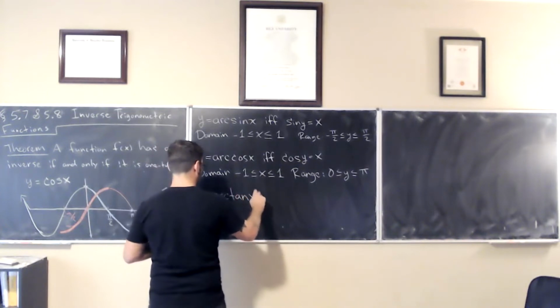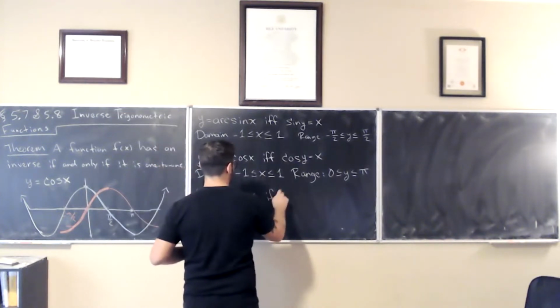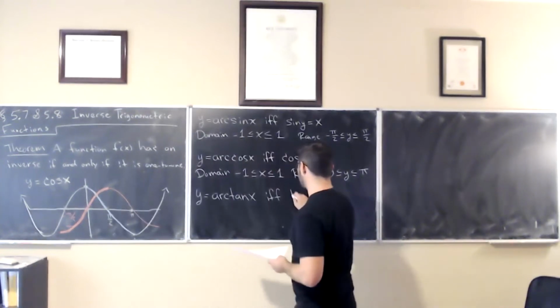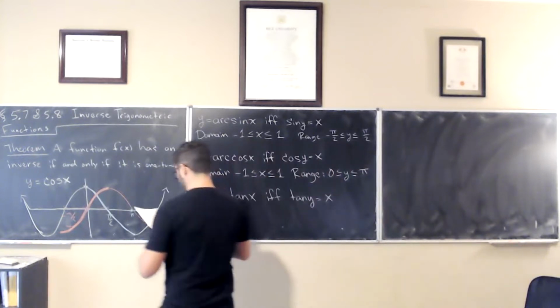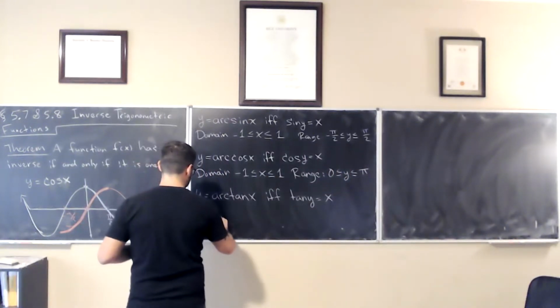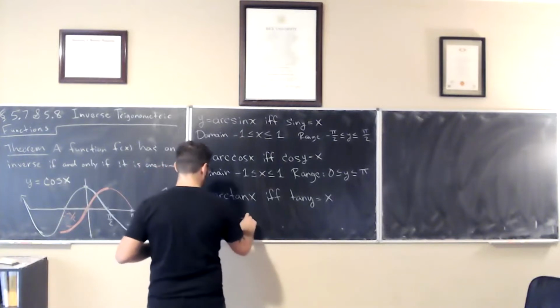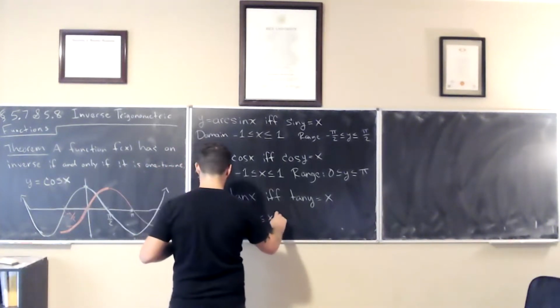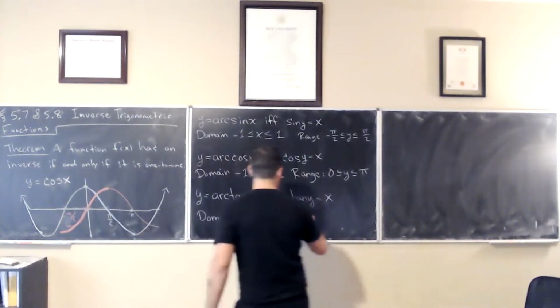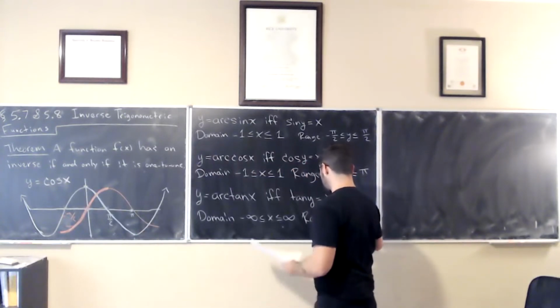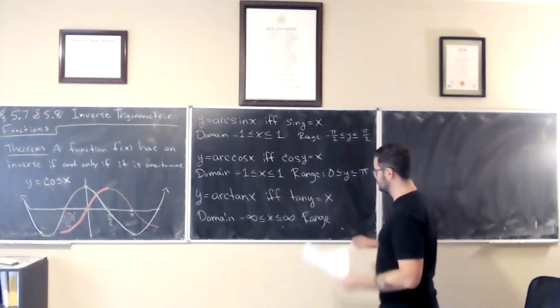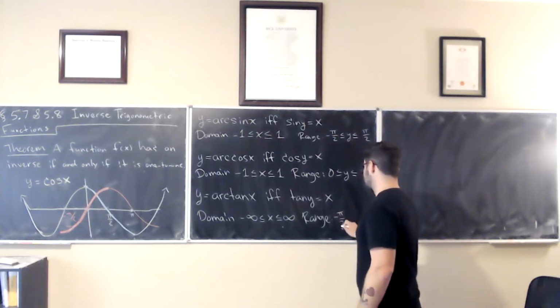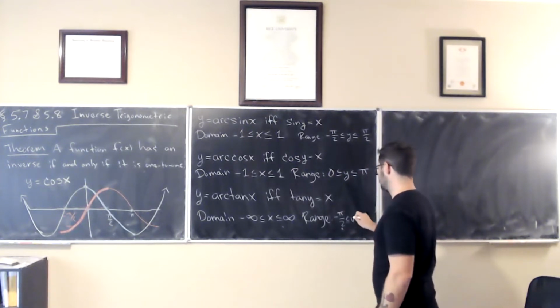Arctan, y equals arctan x if and only if tangent y is equal to x, with domain -infinity less than x less than infinity, and range -pi/2 to pi/2, not including, because those are the vertical asymptotes of tangent.